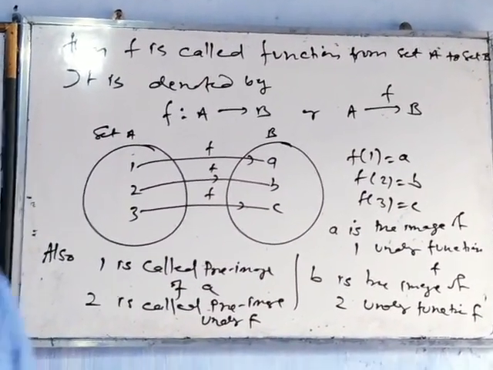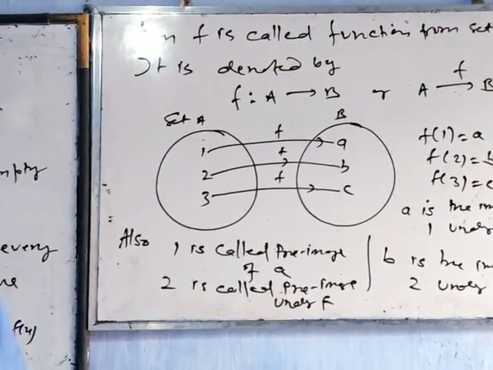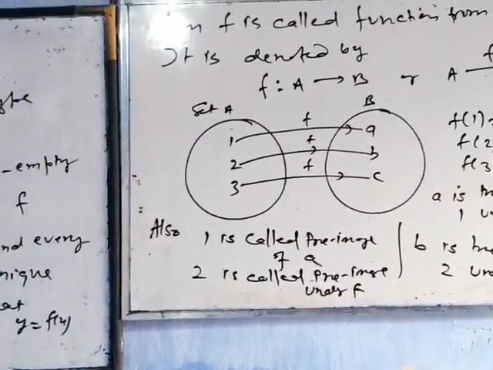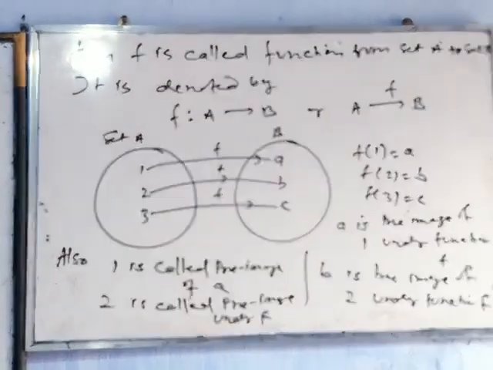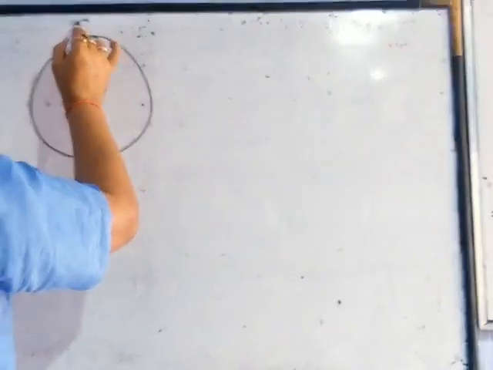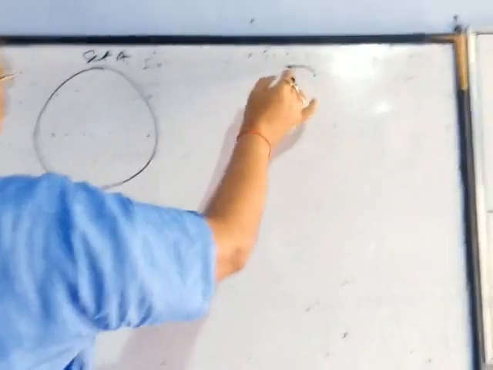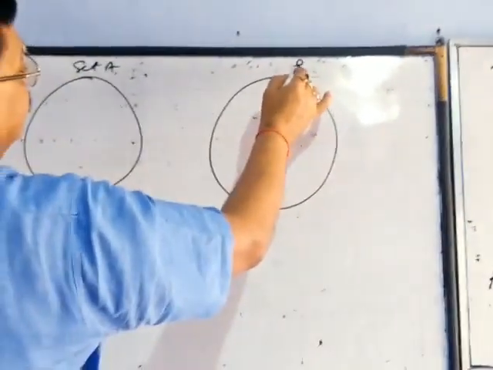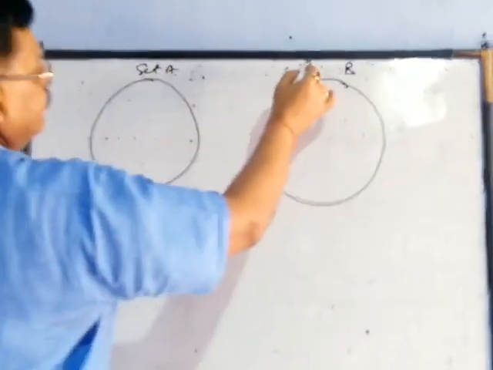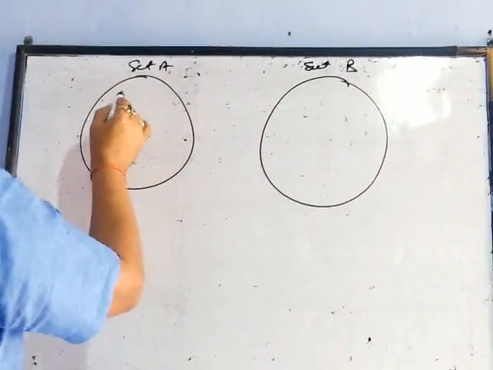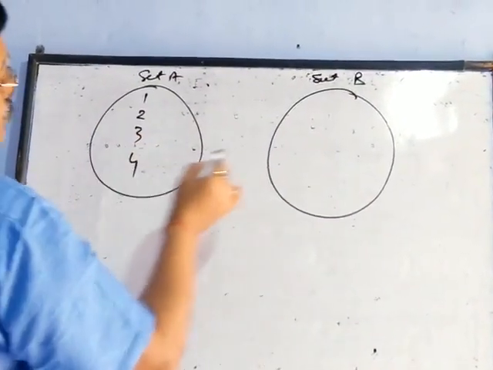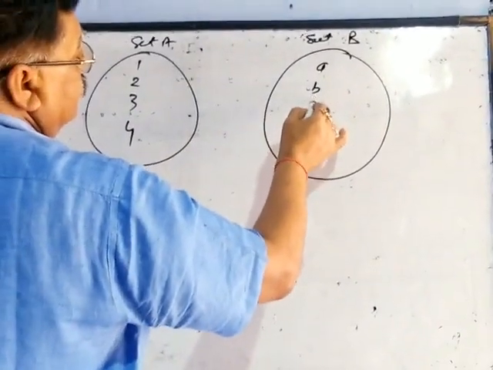Now I am taking an example which is not a function. Set A and set B, with elements 1, 2, 3, 4 and a, b, c.